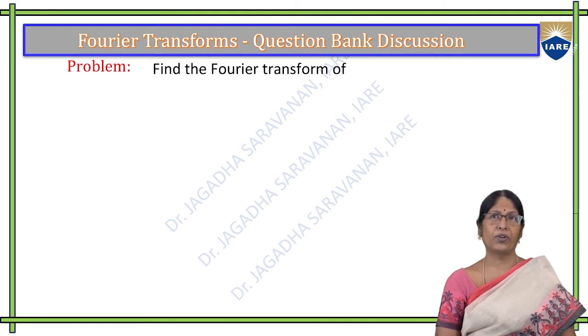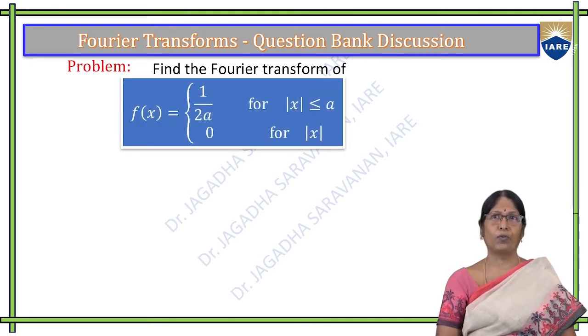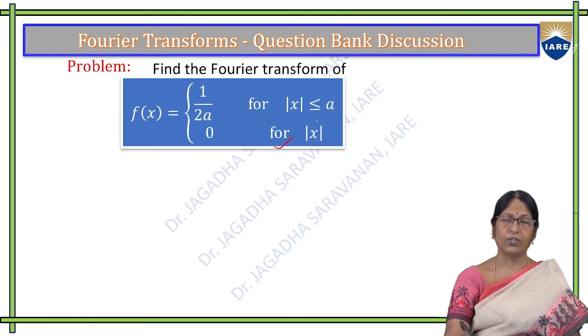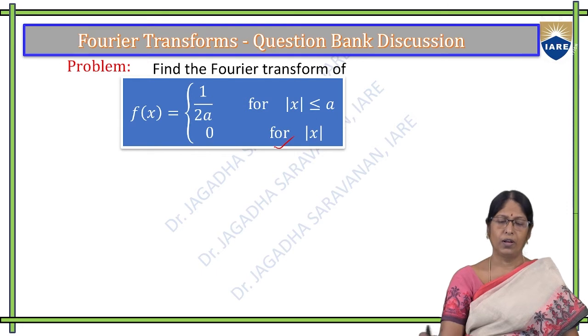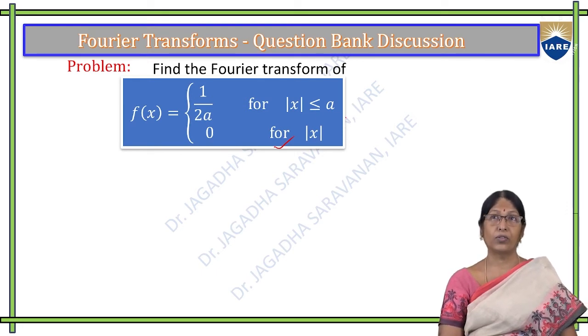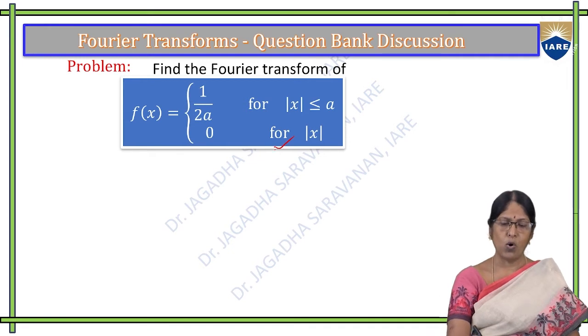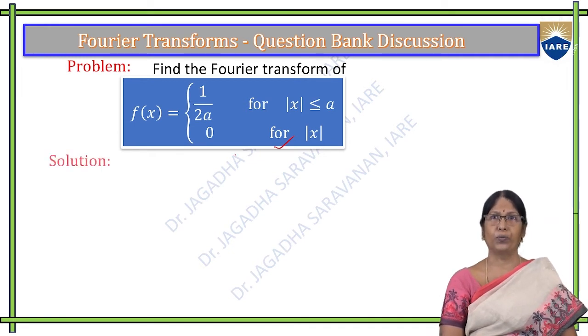So the next question in our question bank is: find the Fourier transform of this. So this is the question which is given. f of x equal to 1 by 2a for mod x less than or equal to a, and 0 for mod x greater than a.